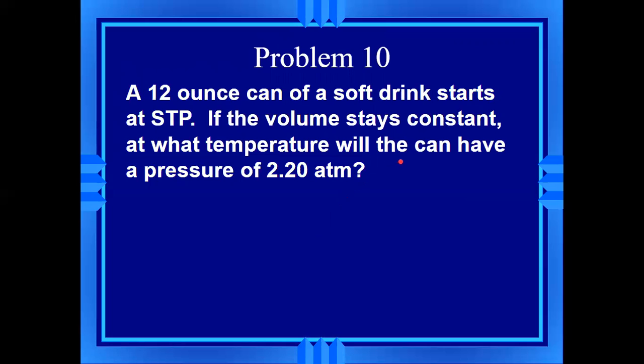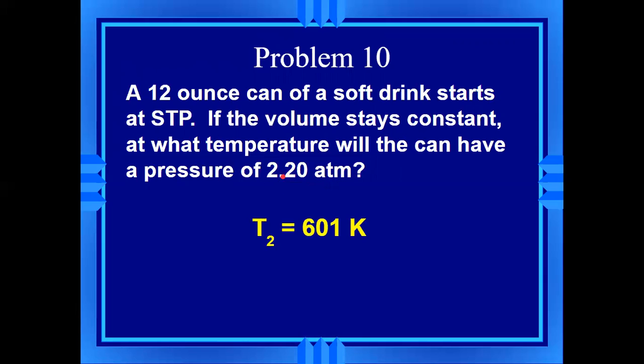So if the volume stays constant, at what temperature will the can have a pressure of 2.2 atmospheres? So you actually have a lot more information than you think from this problem. So just pause it right here and then come back.